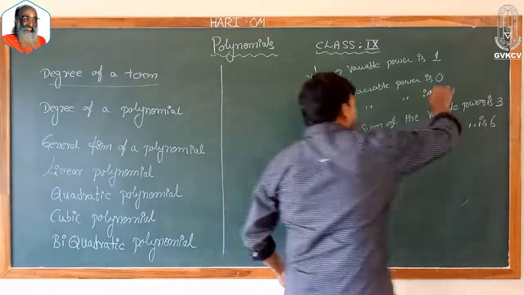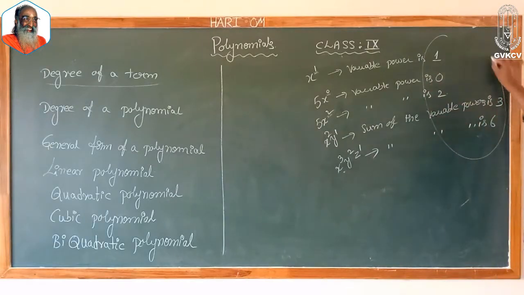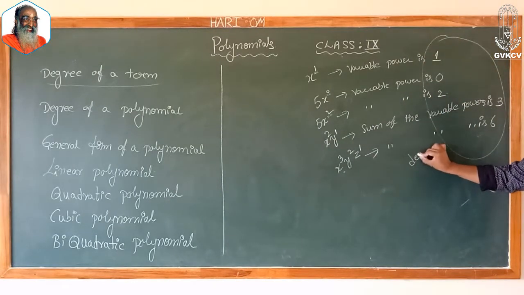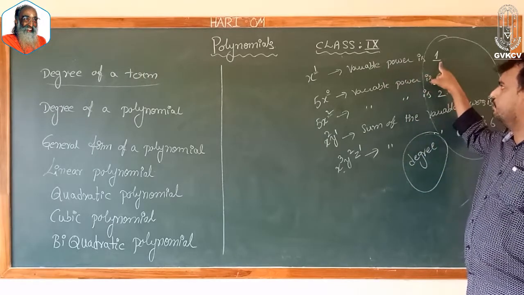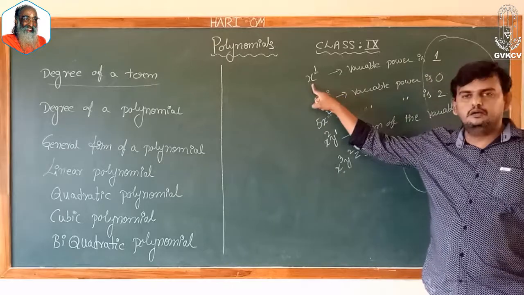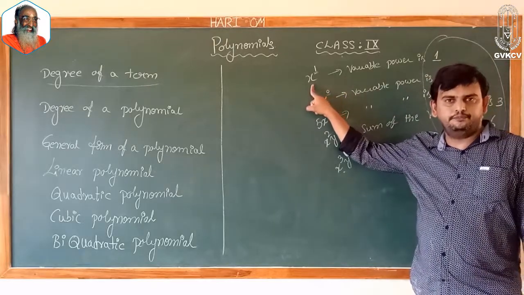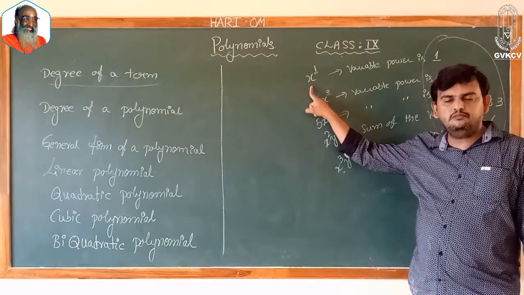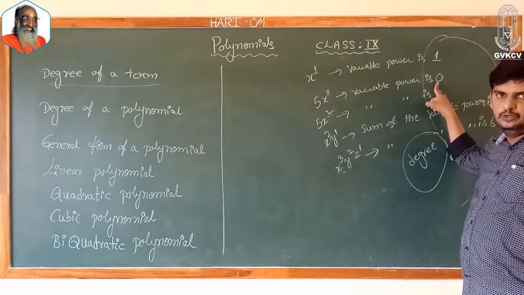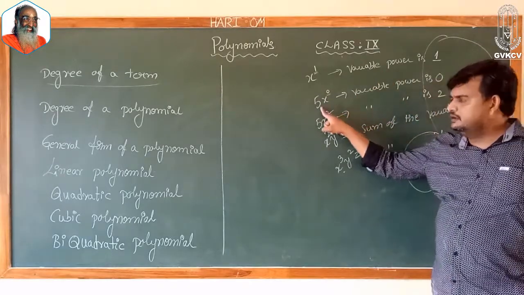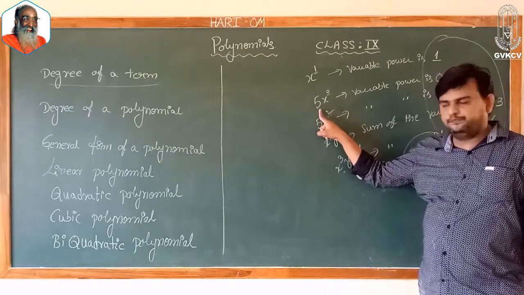So all these powers are called degree. Here the variable power 1 is called the degree of this term. What is the degree of this term? 1. Here what is the variable power? 0. This 0 is the degree of this term.